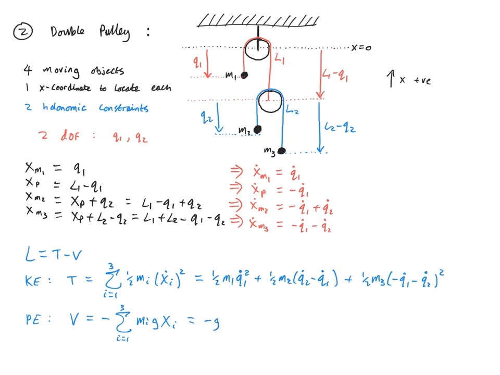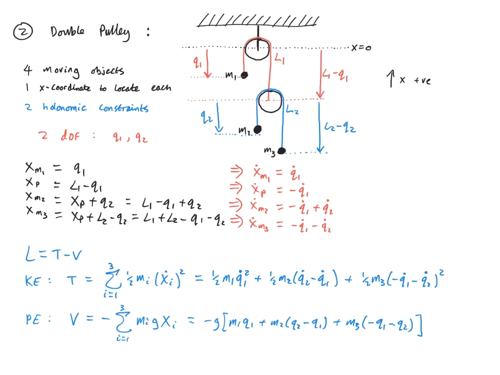I'll just tidy the algebra up a little bit and write this as the following. And here I actually threw away some of the irrelevant constants involving m, g, and the l's. I can throw those away because they don't affect the dynamics.